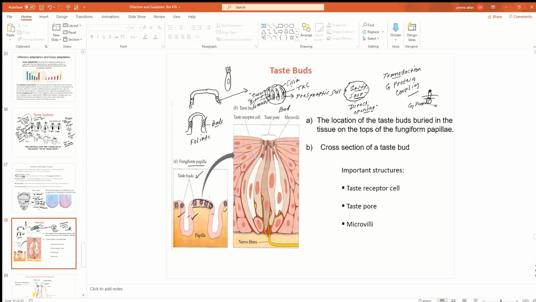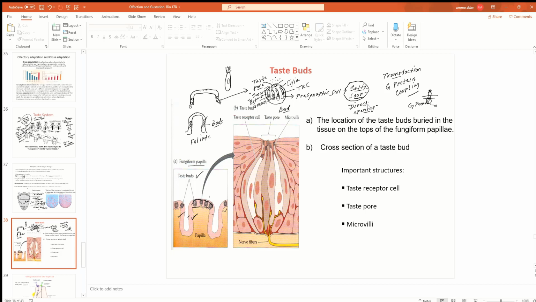Okay, and at the upper end of the taste bud you have a pore, and that is called taste pore. Okay. And what happens when you put the food in the mouth, salivary secretion occurs, and that food becomes like liquid, and that is very helpful.